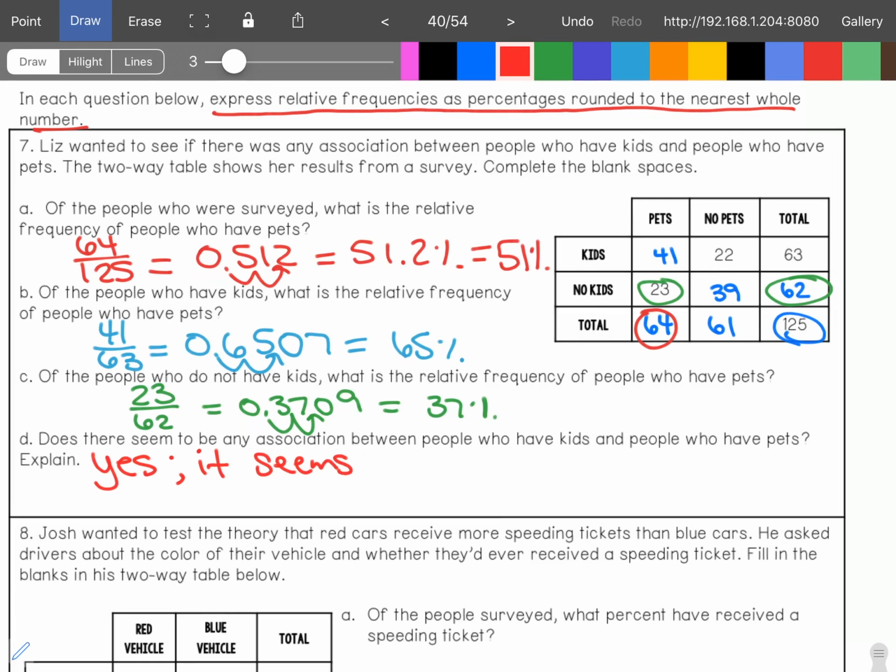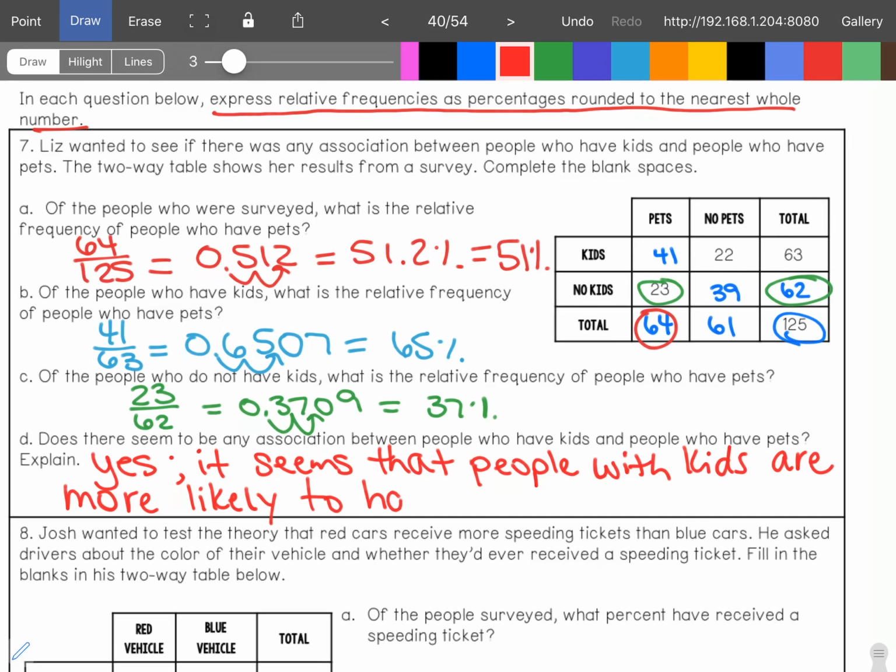It seems that people with kids are more likely to have pets than people without kids.